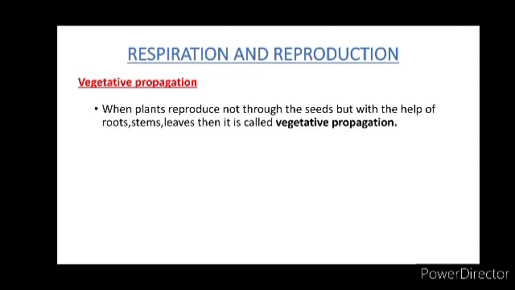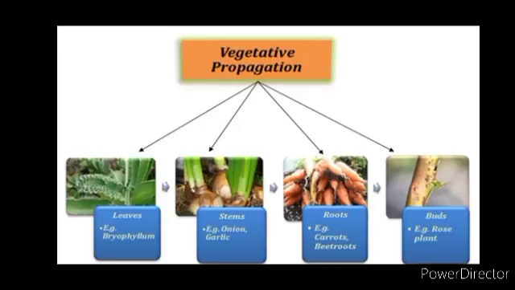Certain plants reproduce with the help of their stems, roots or leaves also, not through seeds. See here in this picture. Vegetative propagation is when certain plants reproduce with the help of their stems, roots or leaves.